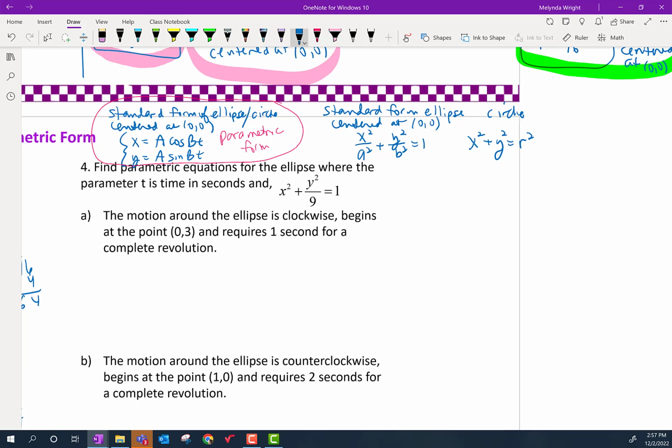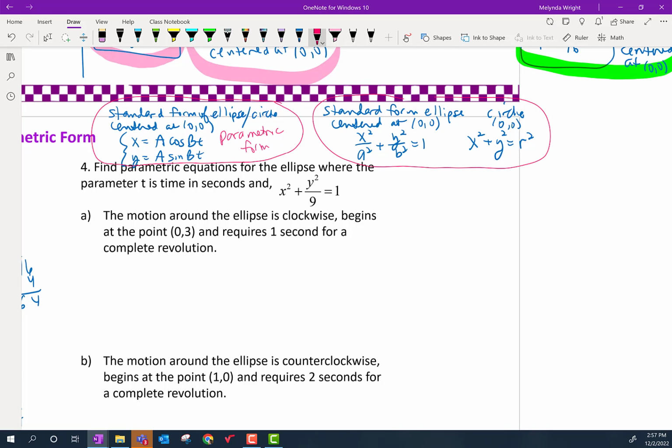Ooh, we should recognize that. Where have we seen x squared plus y squared equals r squared before? Polar, in polar. That's actually the standard equation of a circle centered at 0, 0. I hate to break it to you, we're not always going to be centered at 0, 0, but when we are, that's what we have.